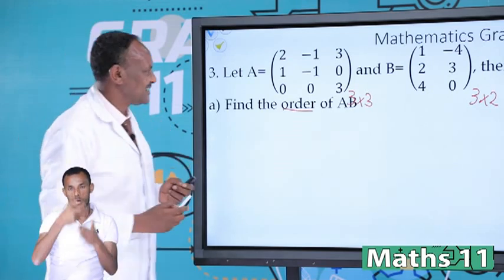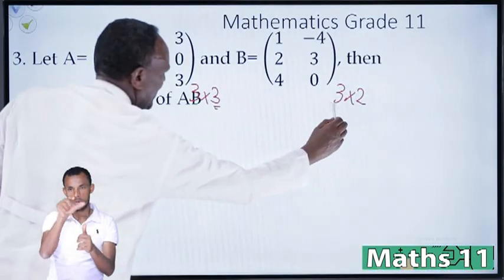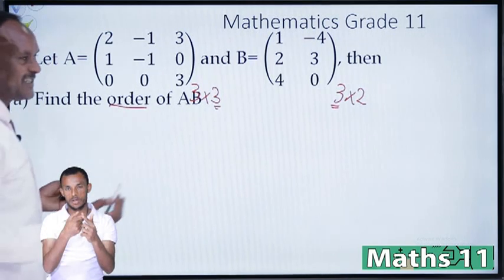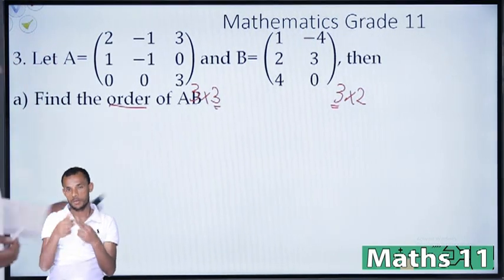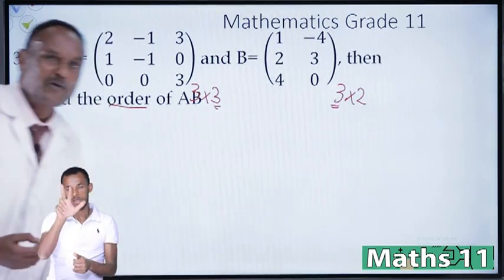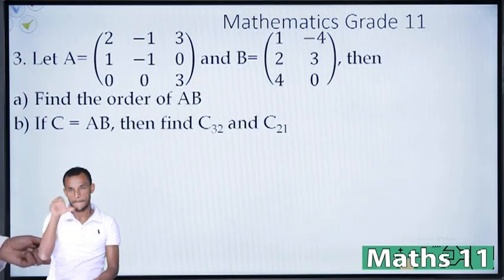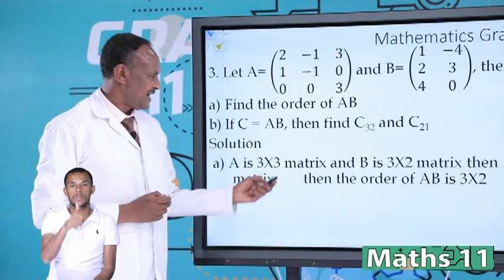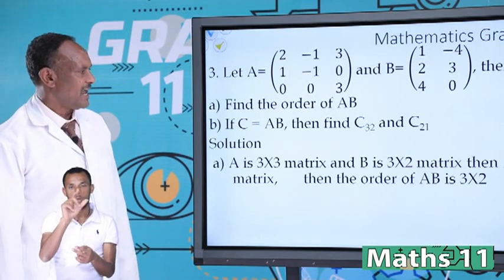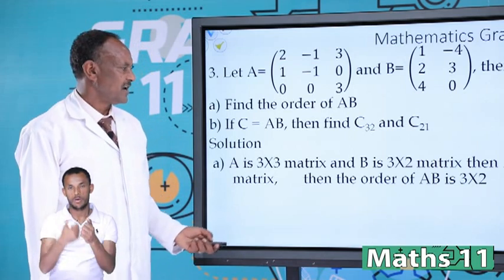Since the number of columns of the first matrix A is equal to the number of rows of the second matrix, multiplication is defined. So what will be the order? The number of rows of the first matrix, 3, by the number of columns of the second matrix, 2. A is a 3 by 3 matrix and B is a 3 by 2 matrix. Then AB will be a 3 by 2 matrix. The order of AB is 3 by 2.